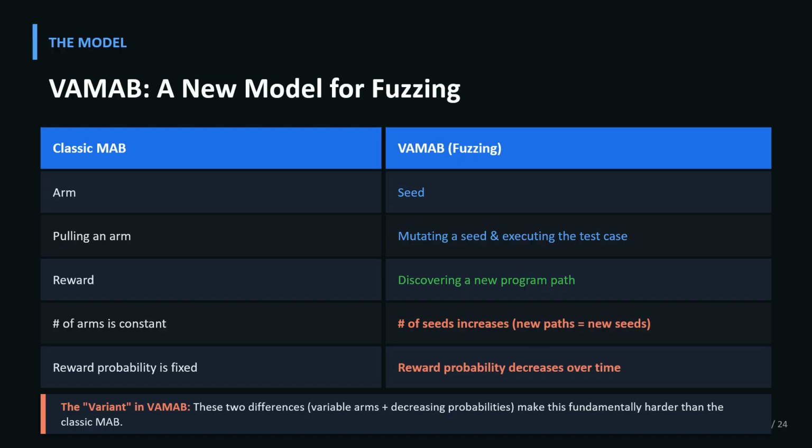As more paths are discovered, fewer remain undiscovered, so every seed's probability of finding something similar or finding something new shrinks. These two properties, increasing arms and decreasing reward probabilities, mean that existing MAB algorithms like EXP3, which are designed for the adversarial case but assume a fixed number of arms, cannot be directly applied. The authors need new algorithms tailored to this variant, and that's what EcoFuzz implements.